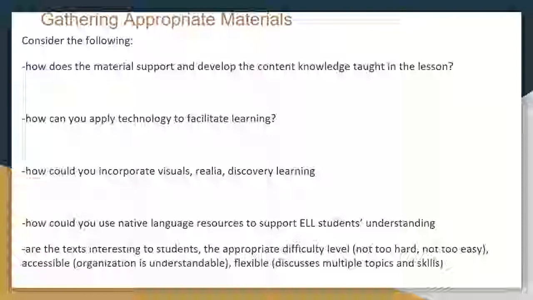How could you as a teacher incorporate technology to help facilitate students' learning? How could you incorporate contextual scaffolds like visuals, real objects or realia, manipulatives, hands-on learning experiences, gestures, multimedia, like videos? Also, you need to consider, how could you provide native language resources for students?